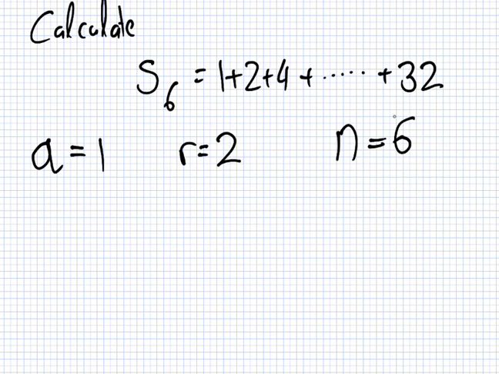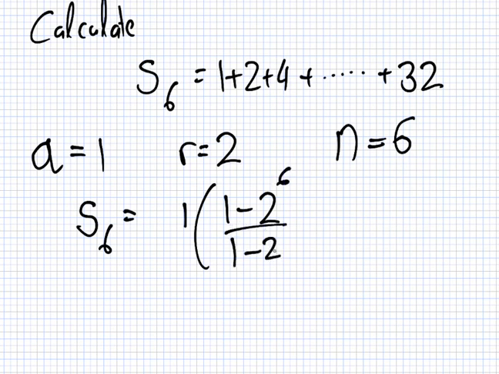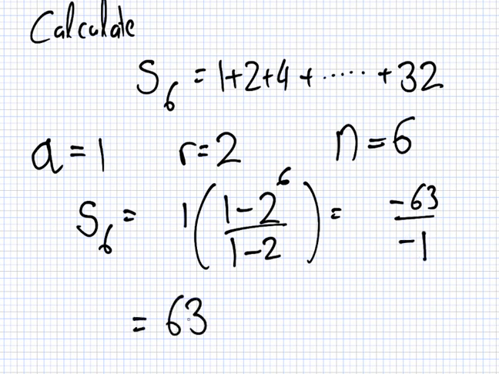Okay, so let's calculate the sum here. The sum of the first 6 terms will be a(1 minus r to the n) over 1 minus r. 2, 4, 8, 16, 32, 64. So this is minus 63 over minus 1, which equals 63.